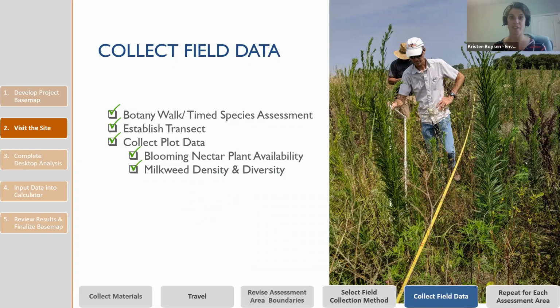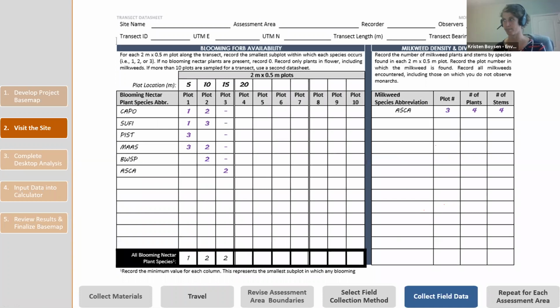Congratulations, we've done all of our field data. We collected plant data. For each plant, we did nectar plants and milkweed. And now all we have to do is do this 9 more times for this transect, and then for 9 more transects. Great work. So our data sheet now, this is our fake clip art data, is beginning to look like this.